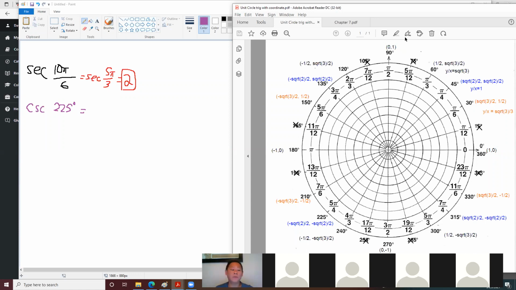Cosecant 225 degrees. What is that? This is in your test next week.